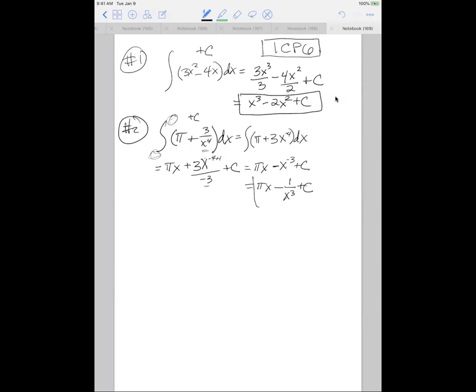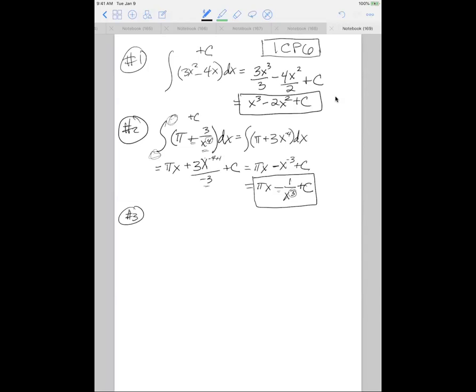Done. Notice that the power in the denominator went down by 1, and the plus became a negative as a result of that exponent in the denominator coming up and becoming negative. Okay? Change of sign, and the exponent decreased by 1.